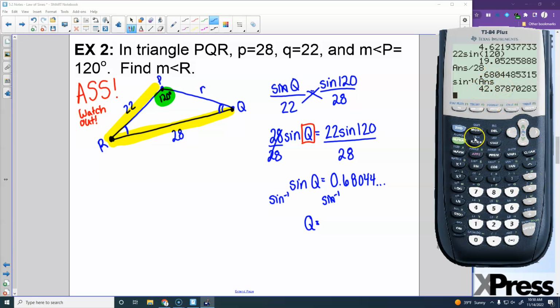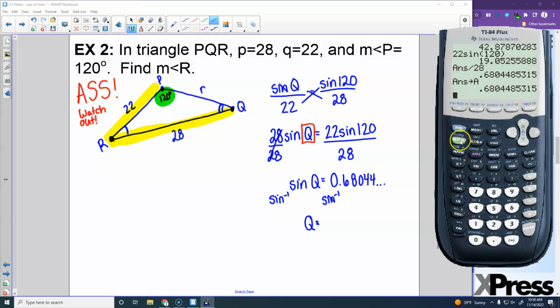All right, so if you store, sine of 120 divided by 28, because I already hit it. All right, so you've got this value right here. To store, you're going to hit this STO button right above your on. And then alpha, whatever letter, so like if you want to call it A, you would do that.